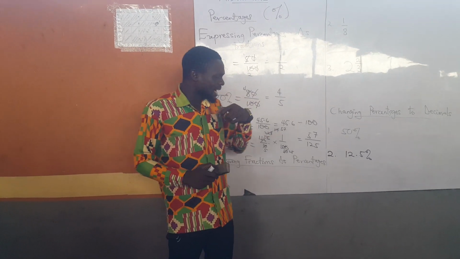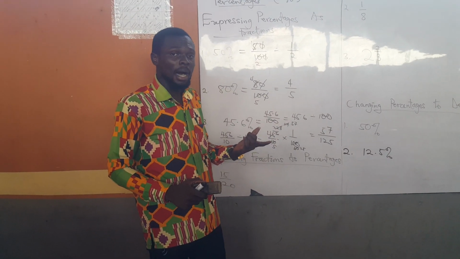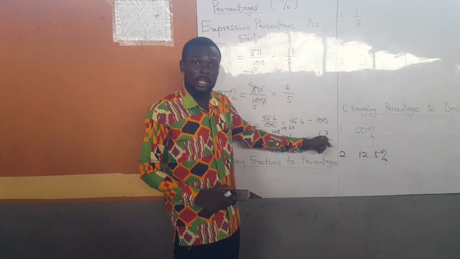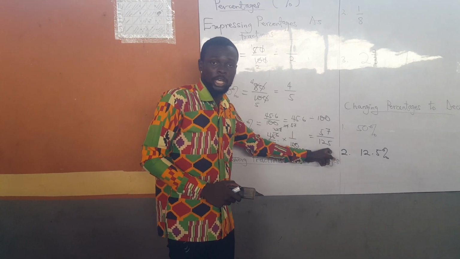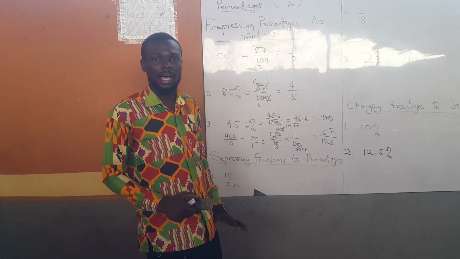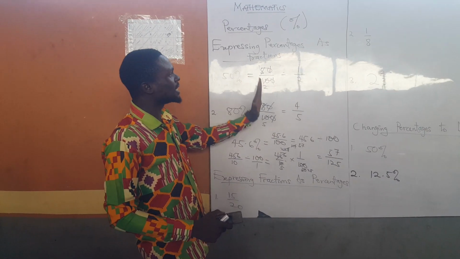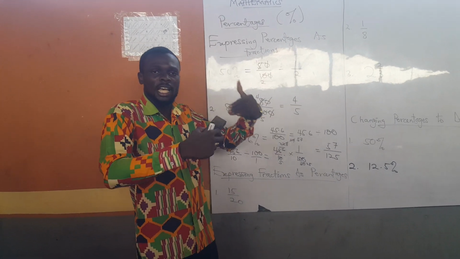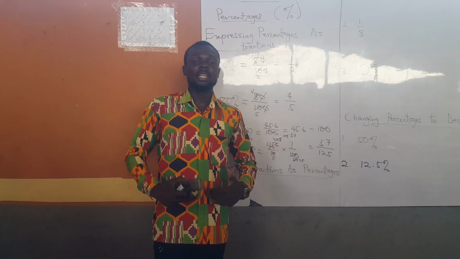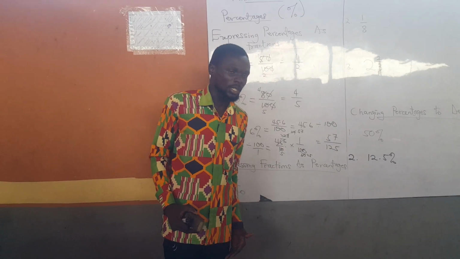Ask yourself, can a certain number divide this? There is no number. Although 3 can go into this number, 3 cannot go into 127. So we leave our answer like that. So when you are expressing percentages as a fraction, you just write it out of 100, then you simplify it, leaving your answer in fraction.